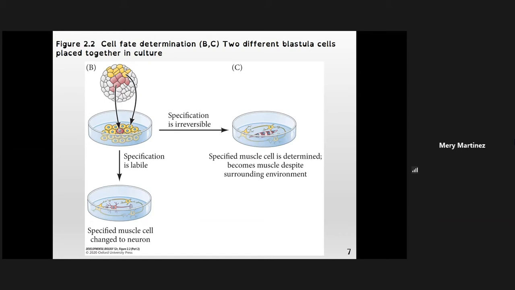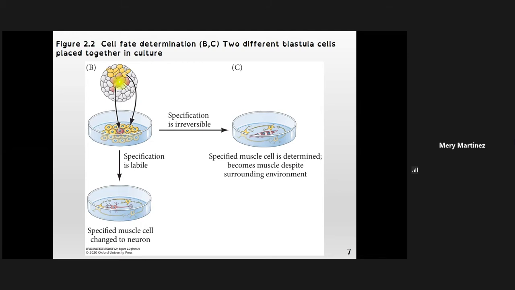However, under the new circumstances, because it has been surrounded by nervous cells, this blastula cell is influenced by those neighbors, okay? So even though it was specified to become a muscle, it became a neuron, because the surrounding cells are telling it, no, you've got to become this, okay?